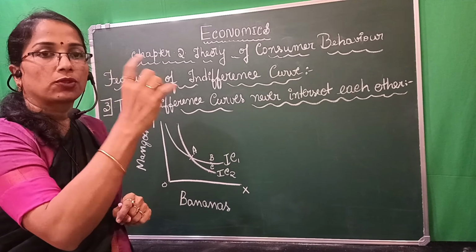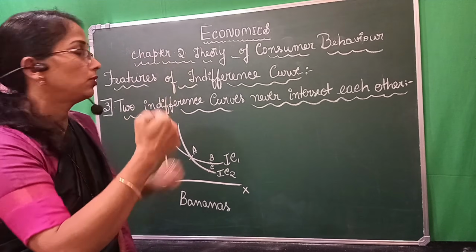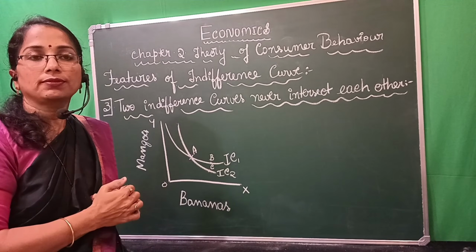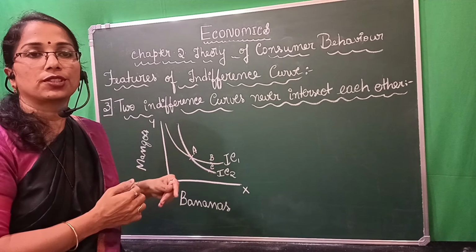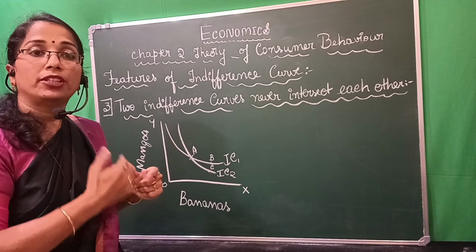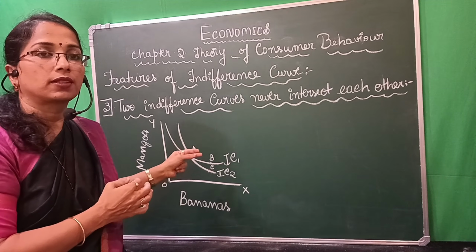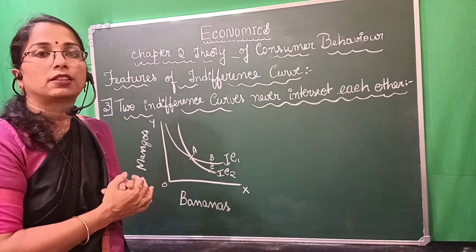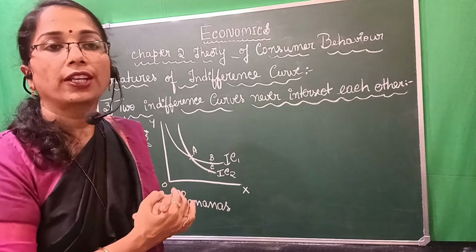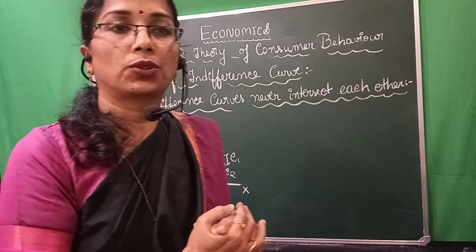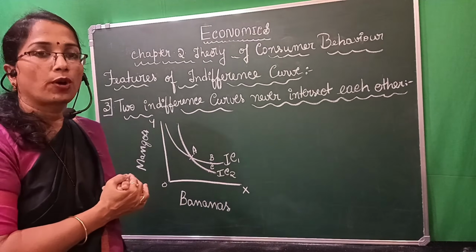Mention the meaning of that particular curve, then you start with the features. Write all the 3 features, and explain them with the help of a diagram. After writing, conclude that these are the 3 important features of an indifference curve. For 6 marks, you need to write all these points.